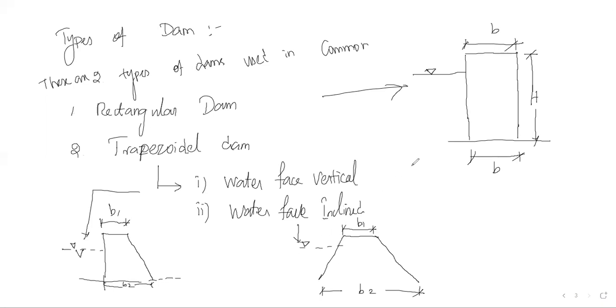Among these two, the most preferable section is trapezoidal, for ease of construction. Since the base width is high, we can easily construct as we wish. But if we keep a rectangular section, it will be a little bit difficult for construction.